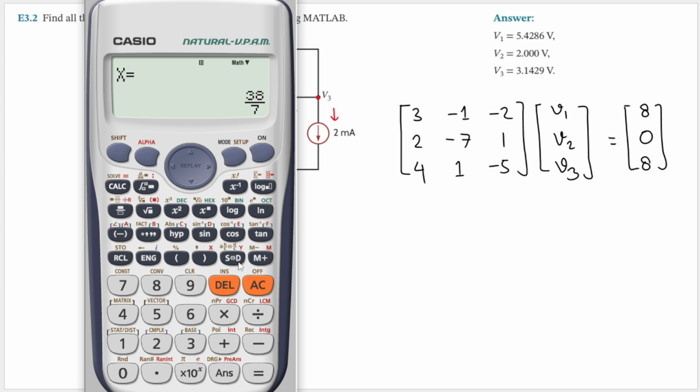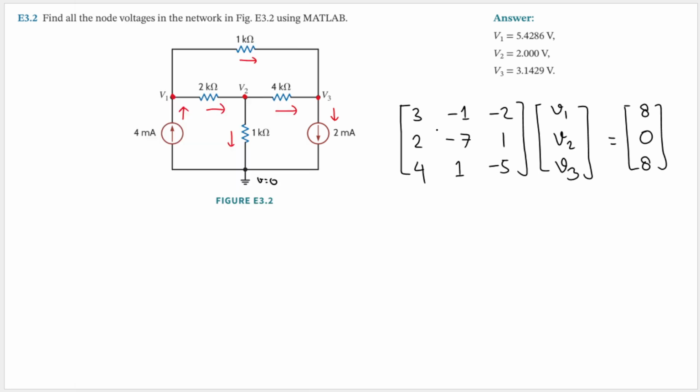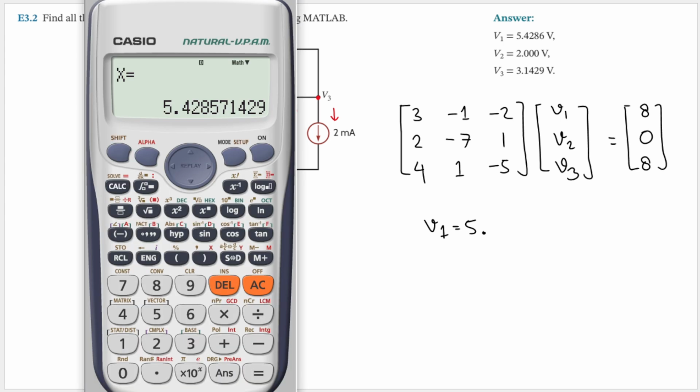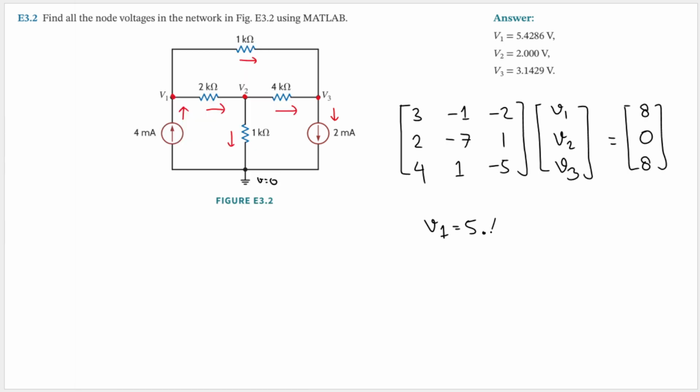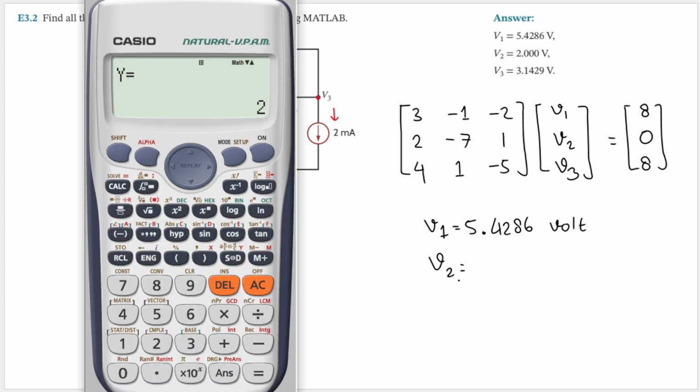So we get V1 here. The X value is V1, so we'll have 5 point something here. V1 is 5.4286, and the unit here will be volt. Then what is V2? V2 is 2, nice number.